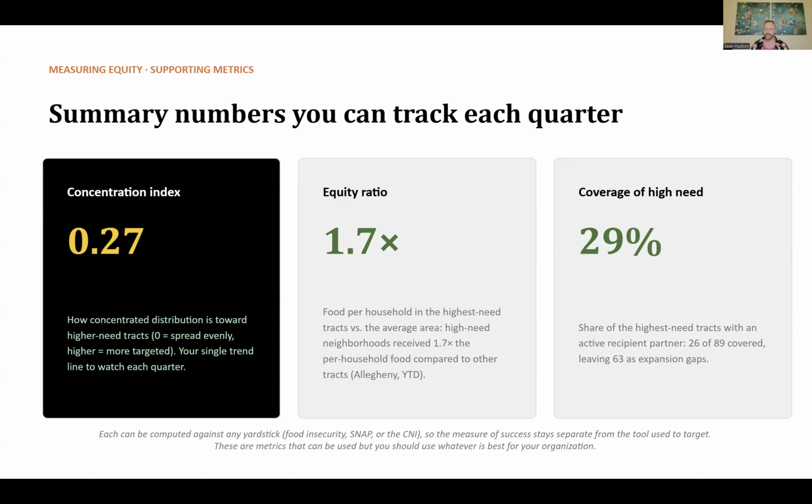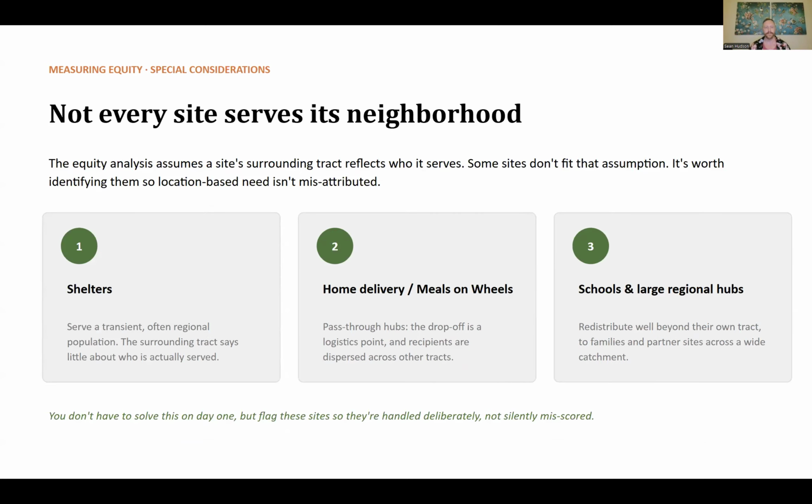Therefore, 63 potential good expansion gaps to look at. And each of these can be computed against any yardstick. In this case, I used mostly SNAP. CNI works as well, obviously, but you can use any proxy for the outcomes that you care about. In our case, if you have good food insecurity data, you should use that.